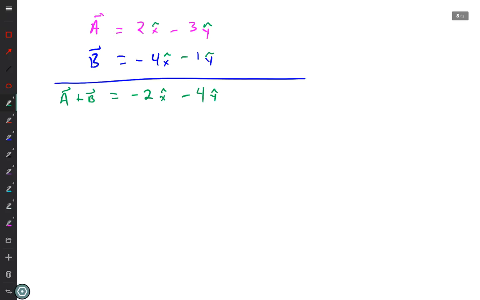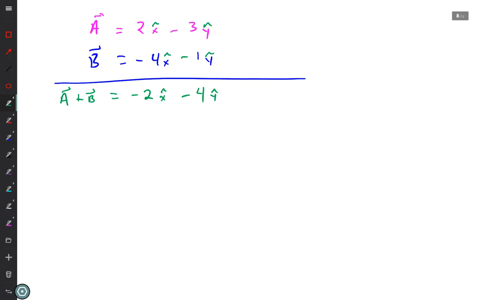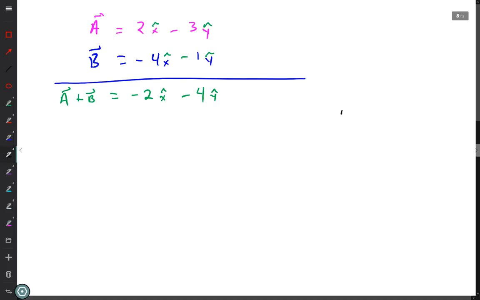Now that I've done it like that, I can draw my triangle. I can draw my triangle, even though it's not going to have vectors A and B, I can still make the right triangle because I know how much it goes in the x direction, how much it goes in the y direction. So looking at this, and I'm not even going to draw the coordinate system, well, I will draw this much. X goes that way, y goes that way.